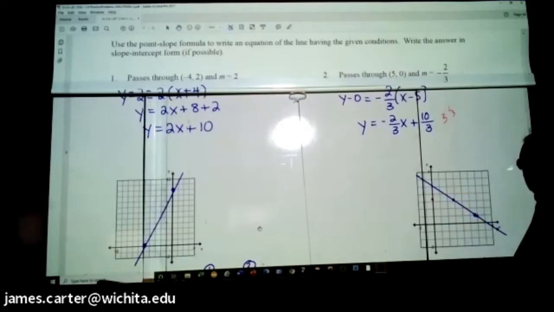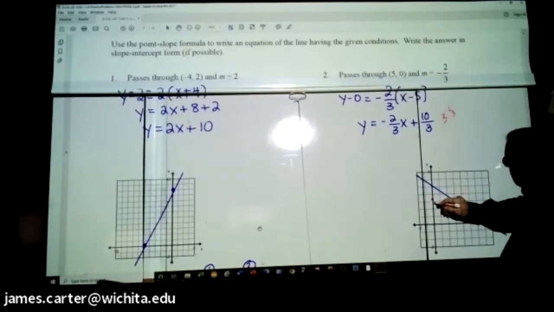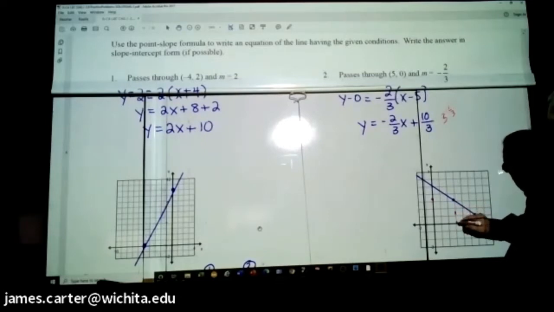Go down 2/3. So down 2 from here, there's 1, there's 2, and right 3, 1, 2, 3 would be here. Down 2 from there, 1, 2, right 1, 2, 3 would be here.